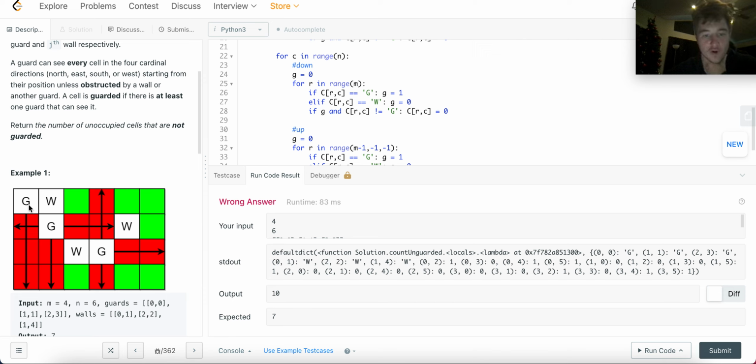I want to make sure I'm not overriding a wall. Oh no, that's 0, 2.